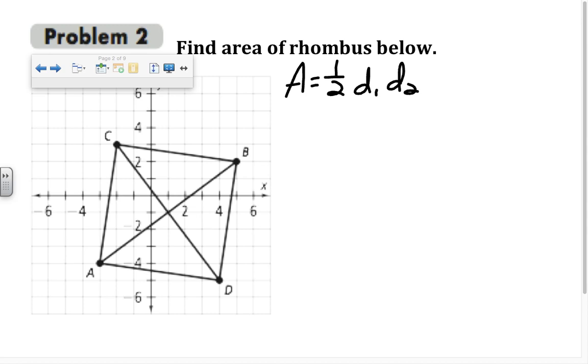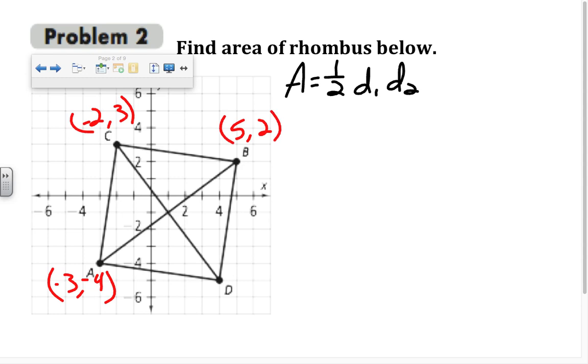And once again, they didn't tell us the coordinates of the points, so we have to identify them. A is located at -3, -4. C at -2, 3. B at 5, 2.